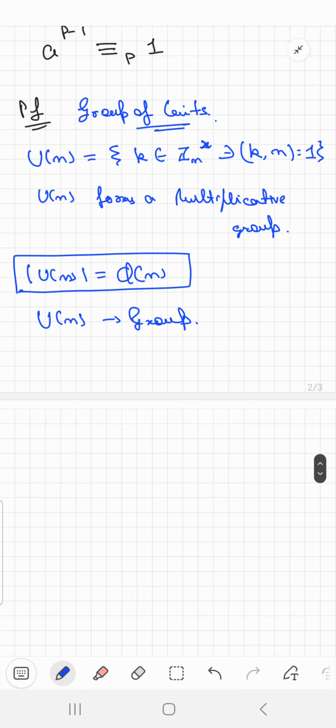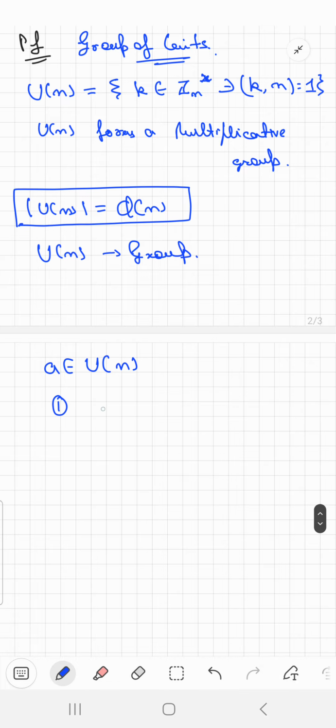So if U(n) forms a group and I choose any element from U(n), let us choose a to be an element from U(n). Then firstly, a and n are co-prime. Secondly, we know that in the case of a group of finite order, if I choose any element from the group, then that element raised to the power of the order of the group must be the identity.